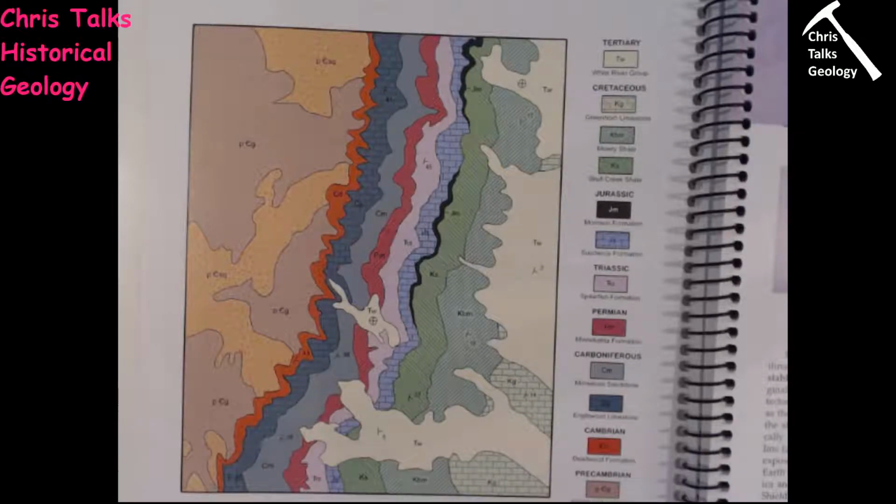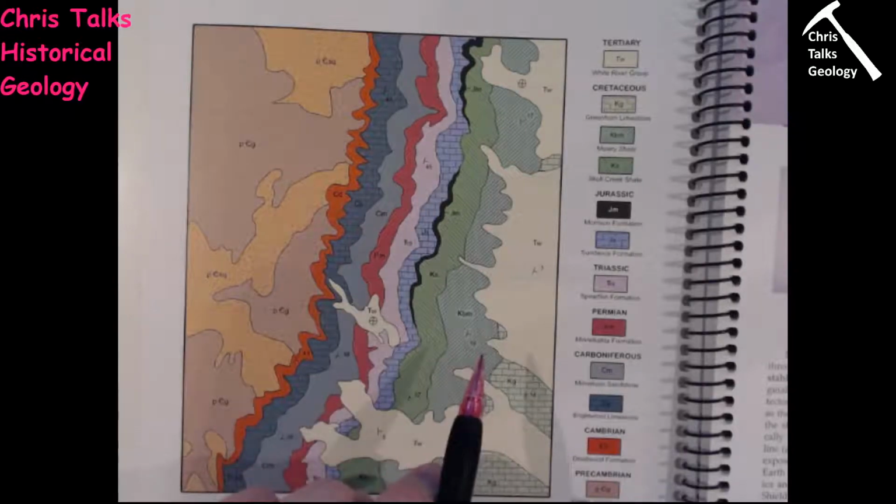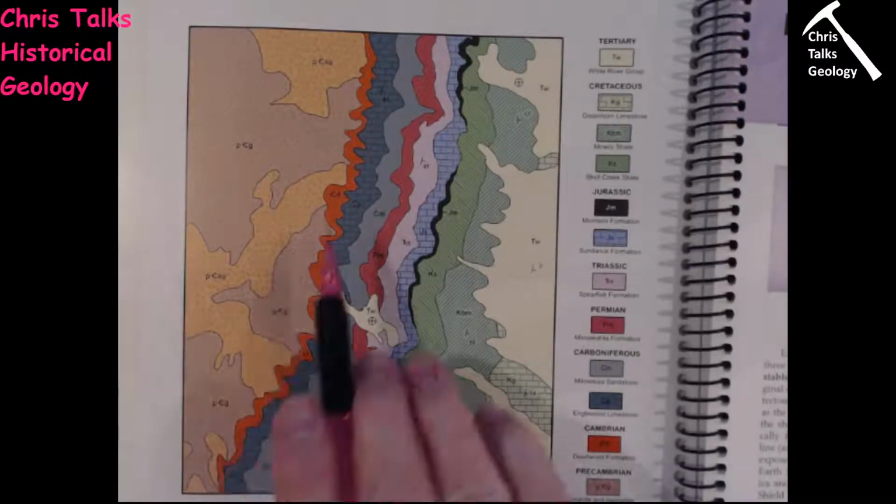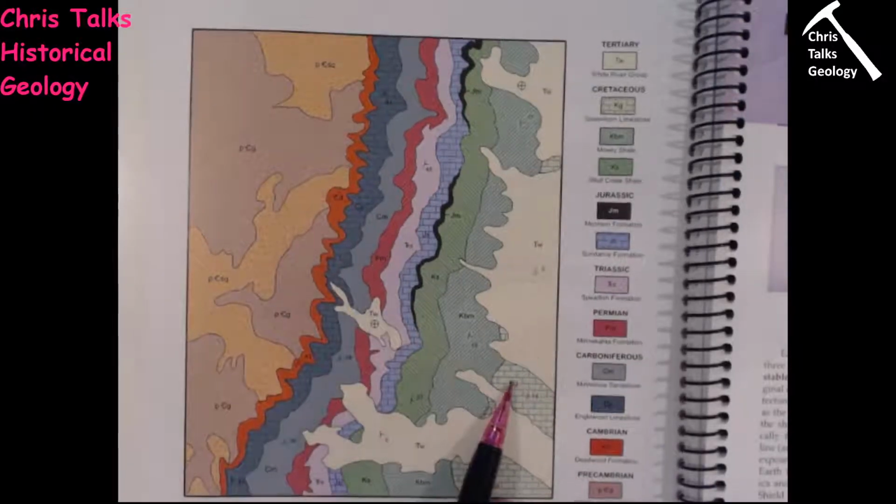To begin with, start having a think about these lower layers here and the fact that they are tilted. We can see that everything from the Cambrian all the way up to the Cretaceous has been deformed. Now that deformation will have occurred over a long period of time.